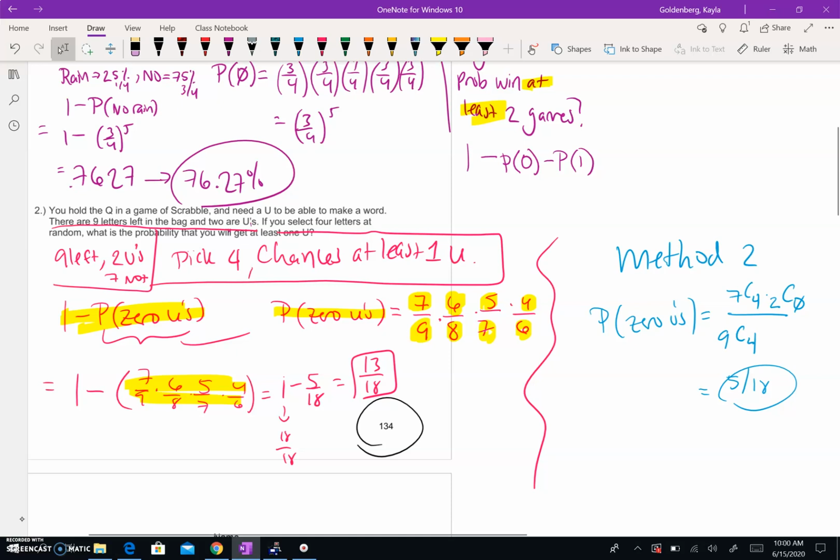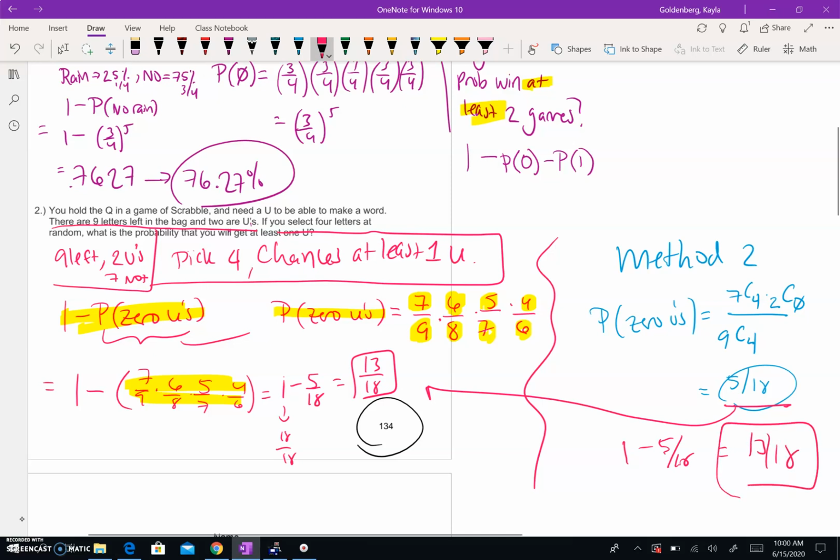So you also could do probability of 0 U's as 7 choose 4, right? 7 non-U's, I'm choosing 4 of them, and the 2 U's choose none, over 9 choose 4. So it connects nicely to our last video about how to use combinations strategically when doing grouping. And then once you get your 5/18, same thing as over here, you would do 1 minus 5/18 and get 13/18 as your final answer.